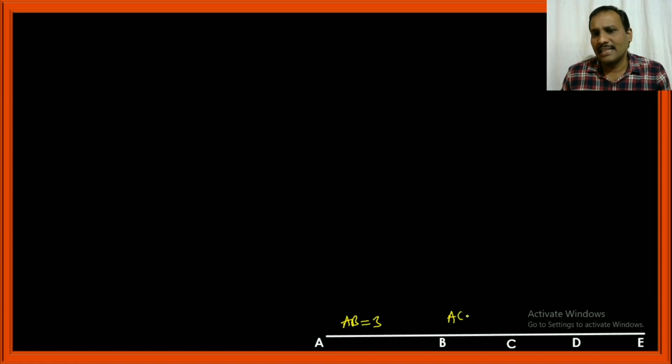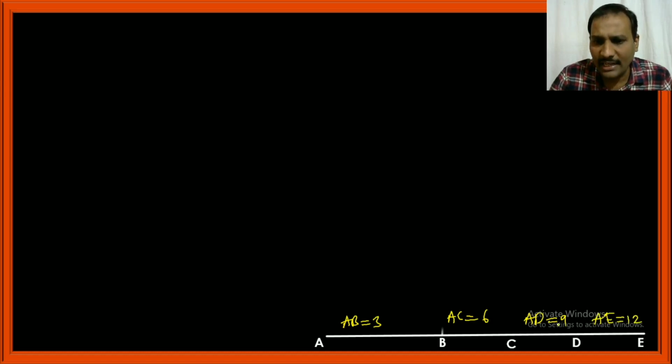Now, based on this Pythagoras theorem, we will do one activity now. Take a line segment and denote points B, C, D, E such that AB is equal to 3 centimeters, AC is equal to 6 centimeters, AD is equal to 9 centimeters, and AE is equal to 12 centimeters.